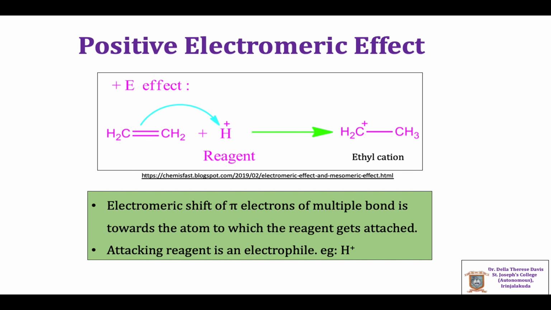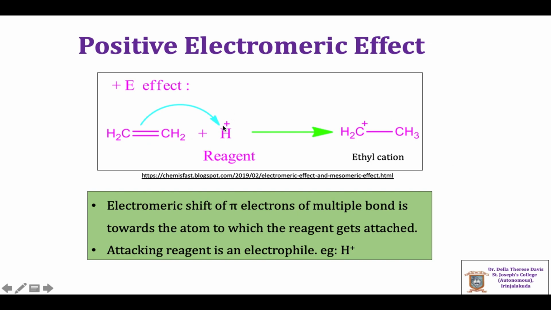If the electromeric shift of the pi electrons of a multiple bond is towards that atom to which the reagent gets attached, it is called positive electromeric effect or plus E effect. This effect takes place when an electrophile is attacking the multiple bond.